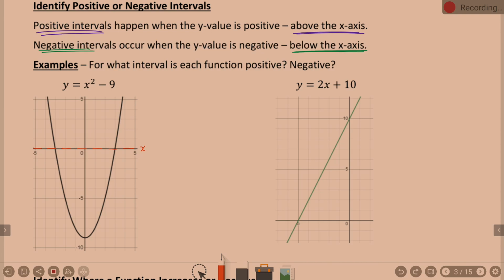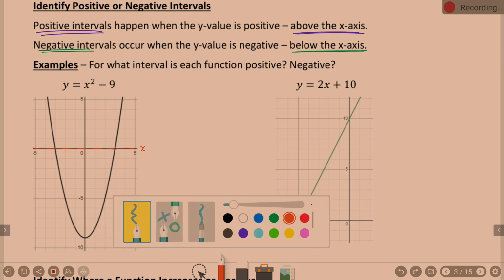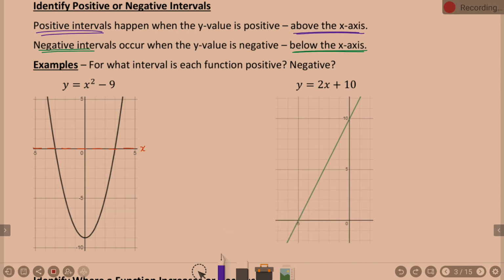Okay. I want to know where my graph is positive. I want to know where my graph is negative. Let's start, I guess, does it make sense to start with positive? Okay. My graph is positive when it is above the x-axis.